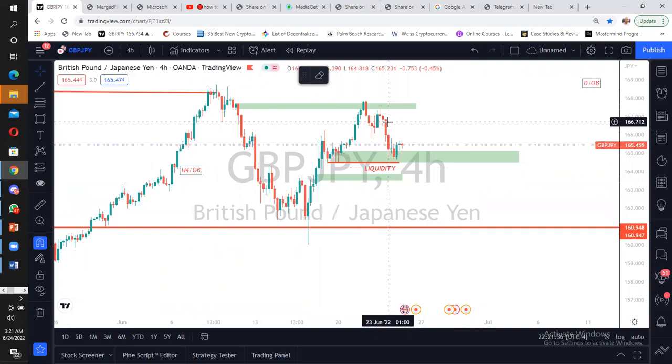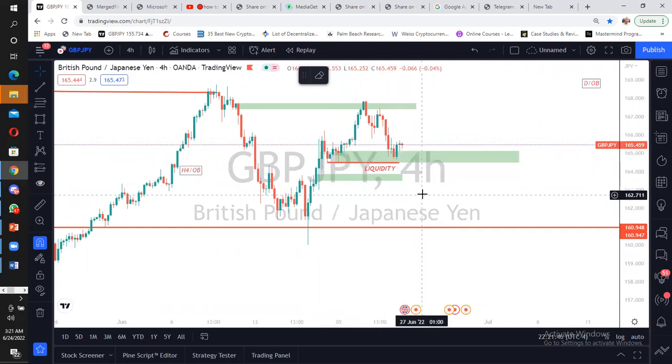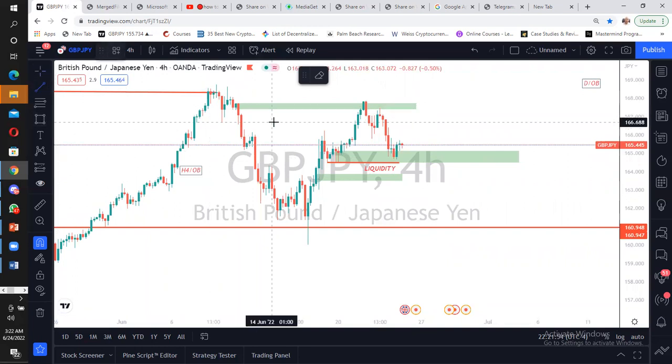So this market came back down here, then up a bit. I'm still expecting this market to come down, but I want to see a reason to sell this market.